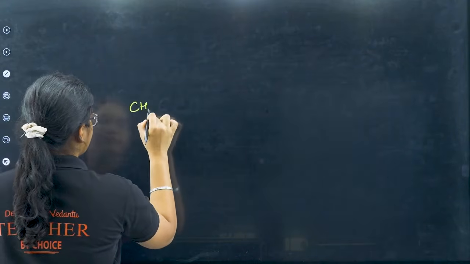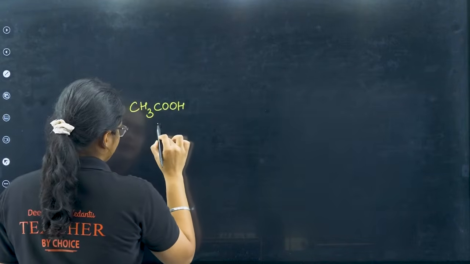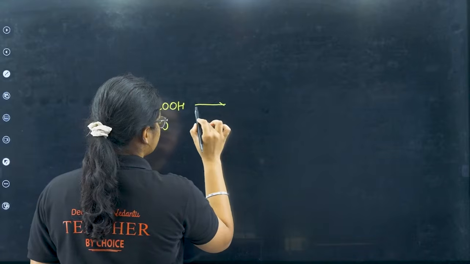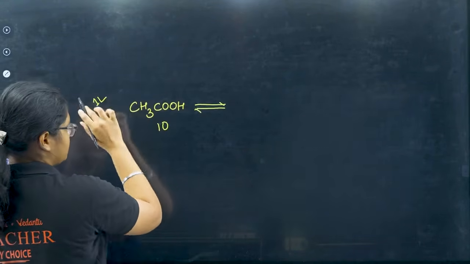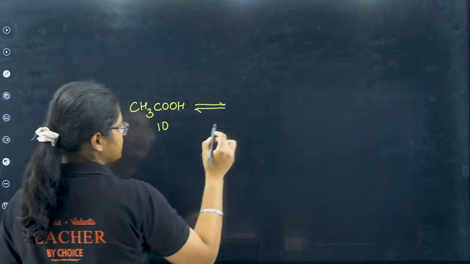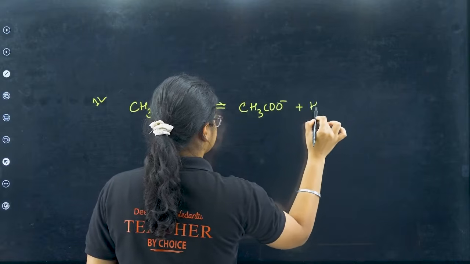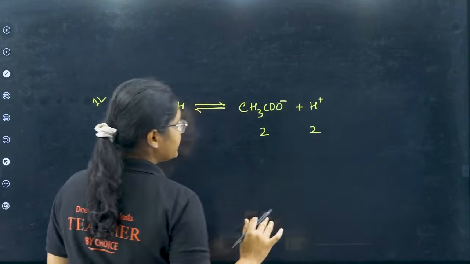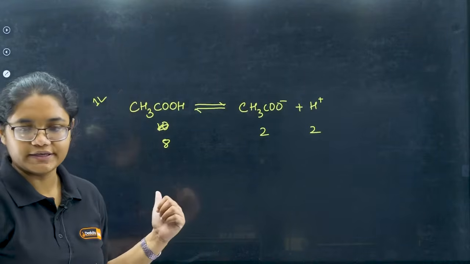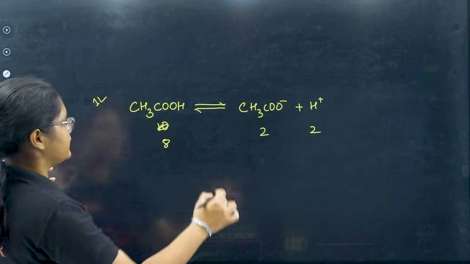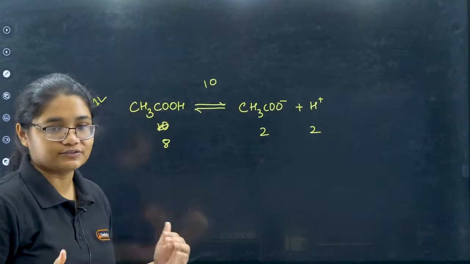Suppose I have a weak electrolyte, 10 moles of CH3COOH added to 1 liter of solution. Only 2 moles have dissociated and 8 moles remain undissociated.